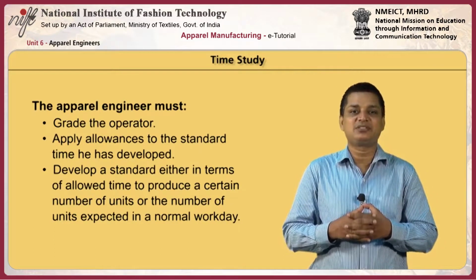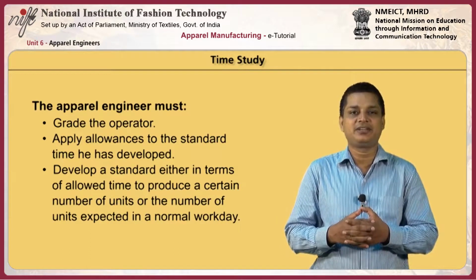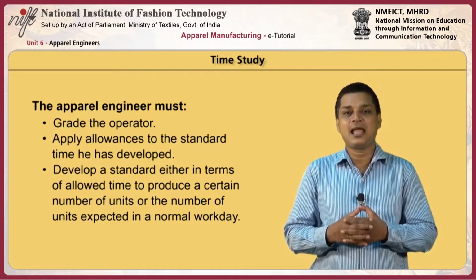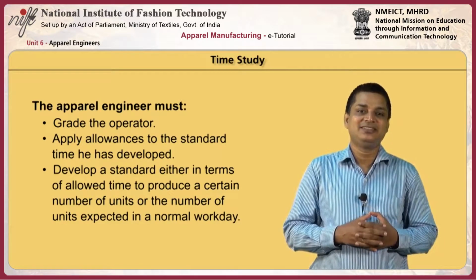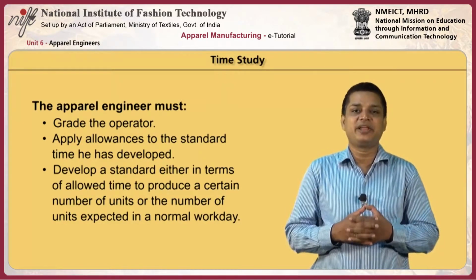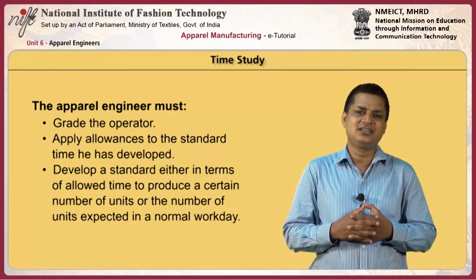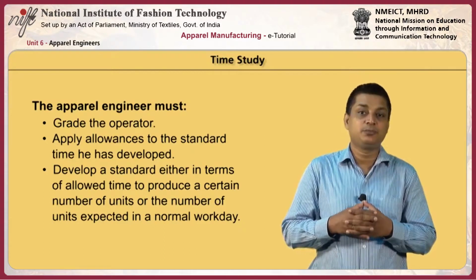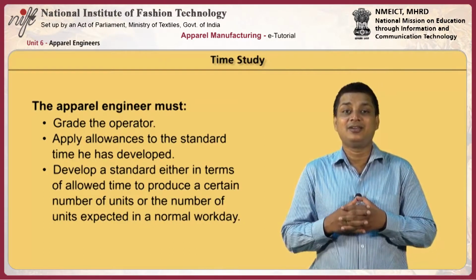The objective of time study is to find the normal time. After he has graded the operator, the engineer must then apply allowances to the standard time he has developed. These allowances would cover breaks, machine delay and personal time.